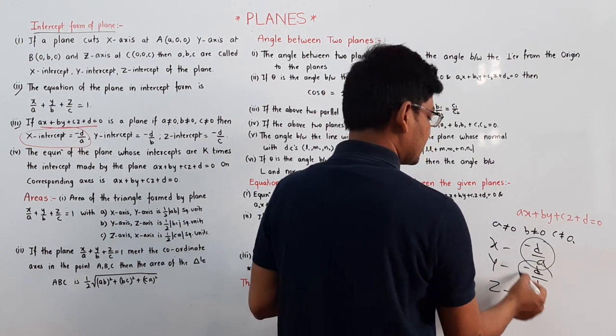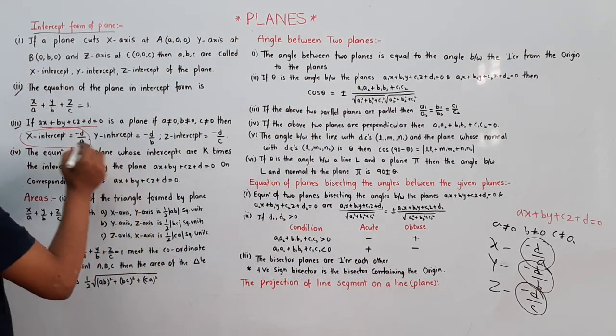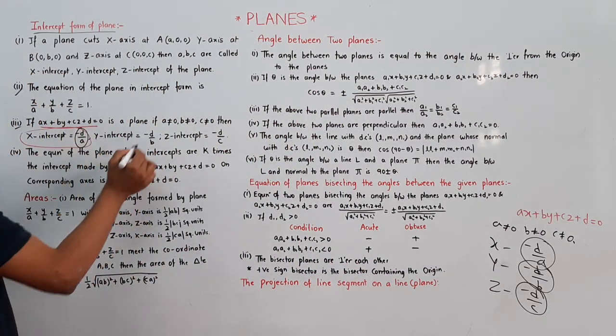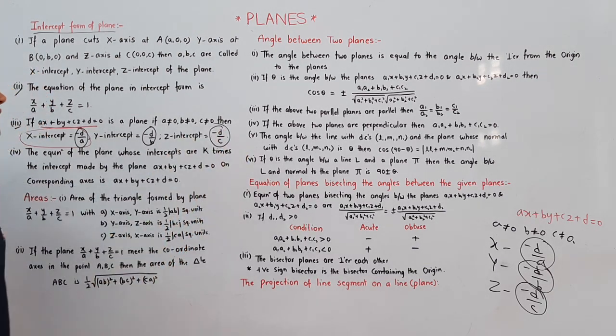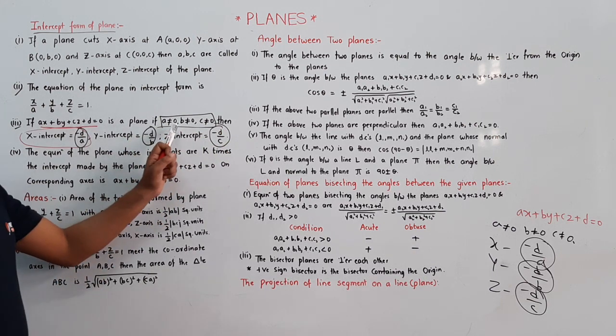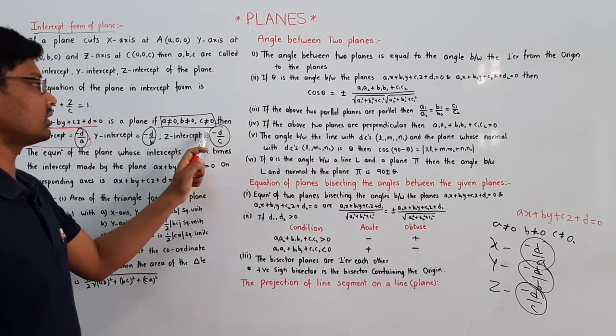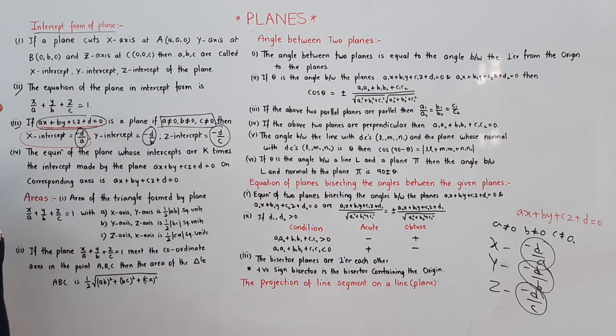These are the intercepts on the x, y, z axes respectively, whenever a, b, c are not equal to 0 for the plane equation ax plus by plus cz plus d is equal to 0.